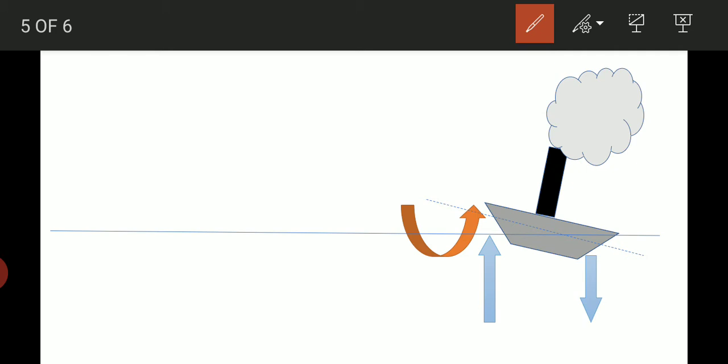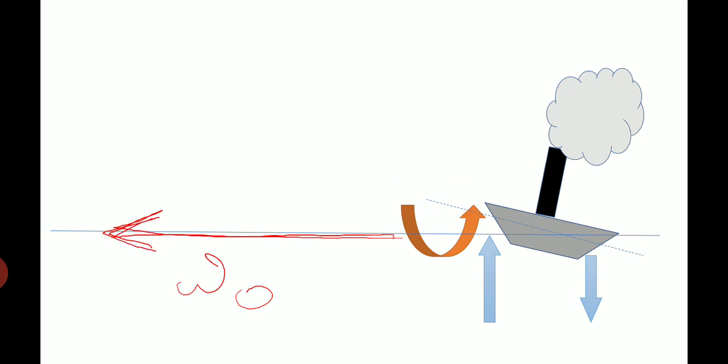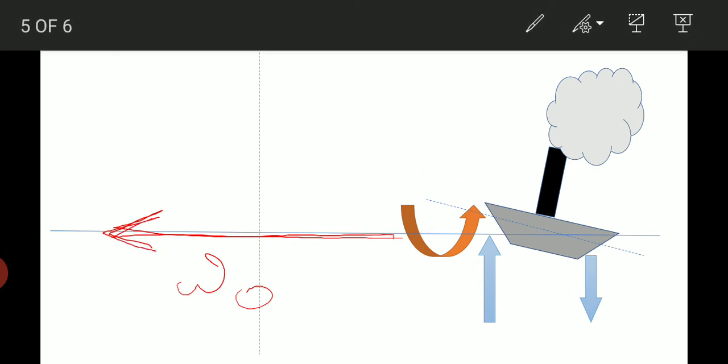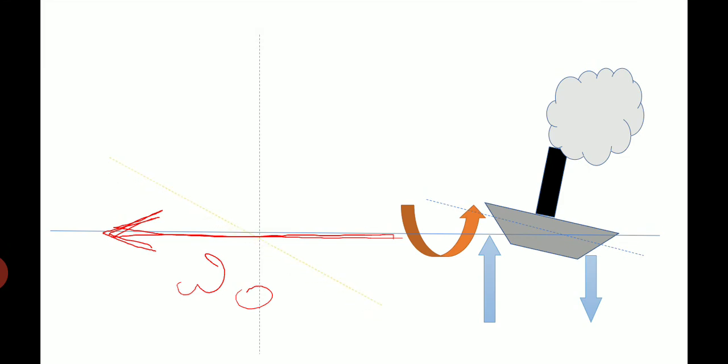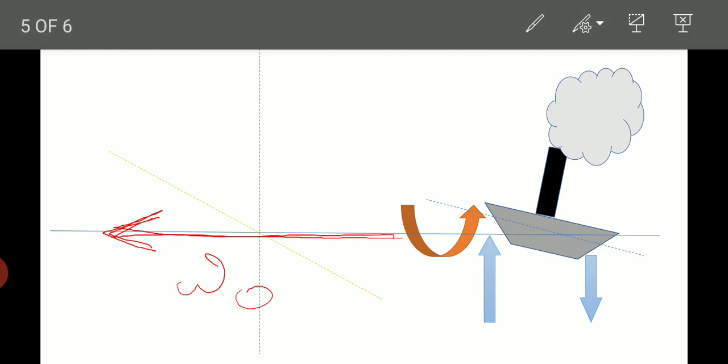So by using the right hand thumb rule, we will get the angular velocity vector omega naught in this direction.